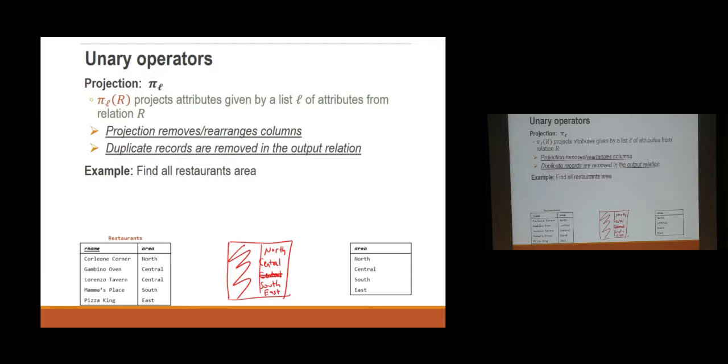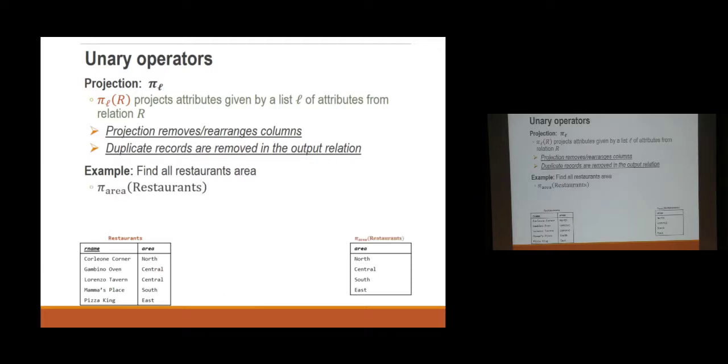So you just remove them. Okay? And the answer to this is you get the projection. Projection is pi, and all you have to do is project only the area. Okay? But it just so happened that by projecting only on the area, you encounter a duplicate. This central will be duplicated. So you just remove one of them.